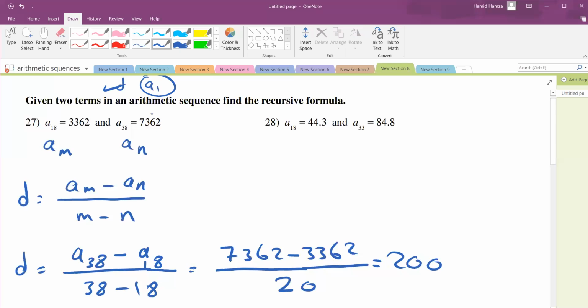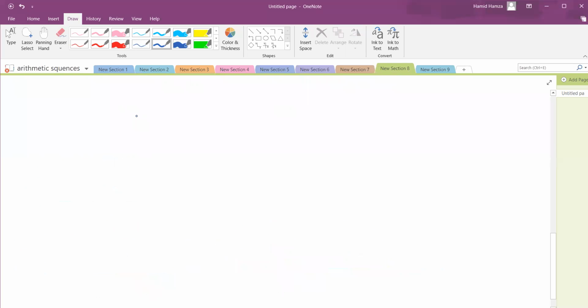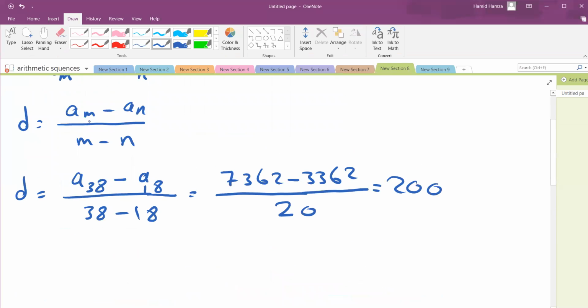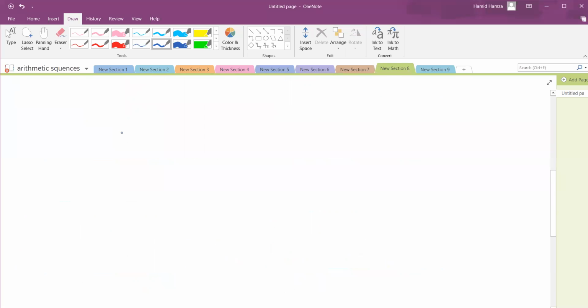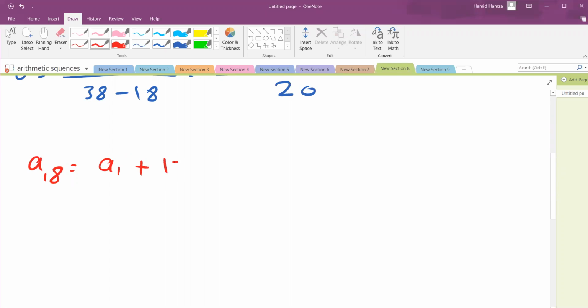Now we want to find A1. What is the first term of the sequence? You can use any one of these, A18 or A38, to find A1. So let's take A18. A18 equals A1 plus 17D.